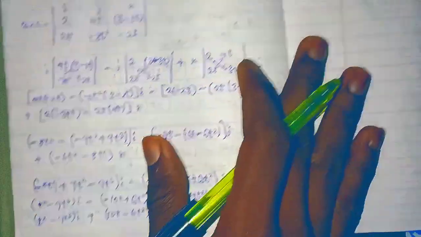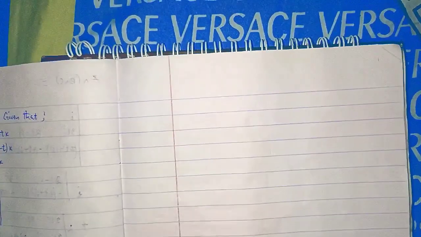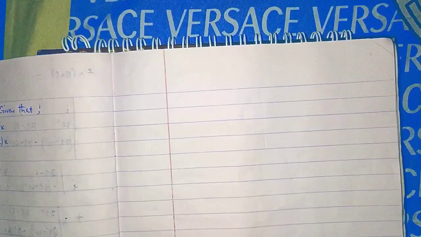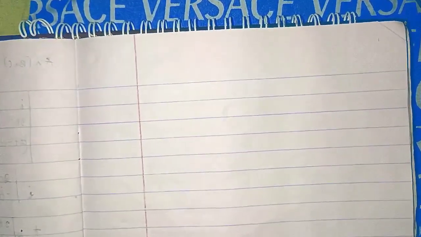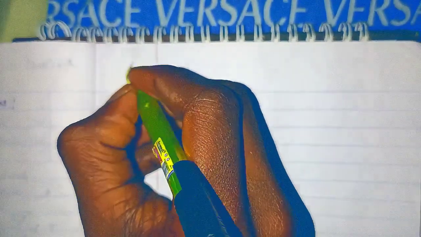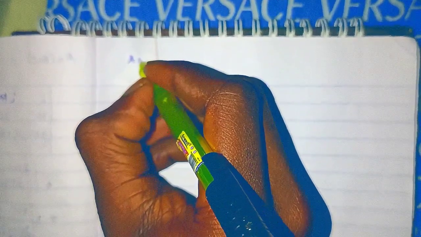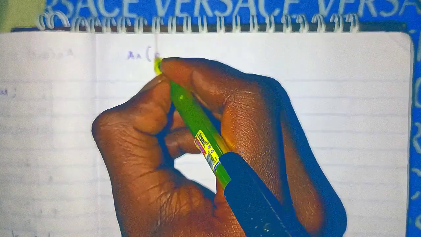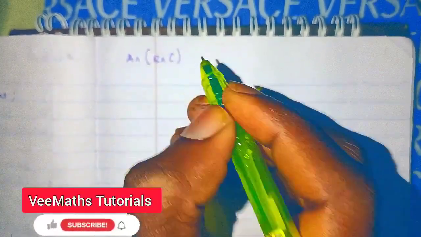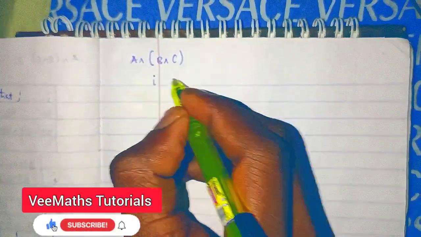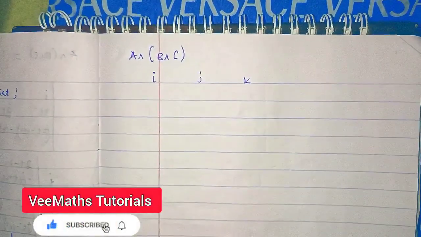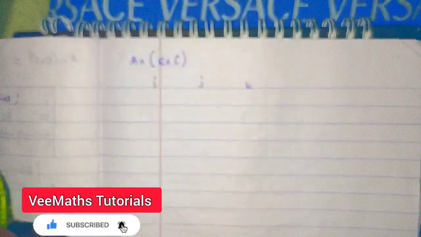So the next thing we are going to be doing here is we are going to cross the result we got here with our A. So A cross B cross C. Now let's have our I, J, K components here.